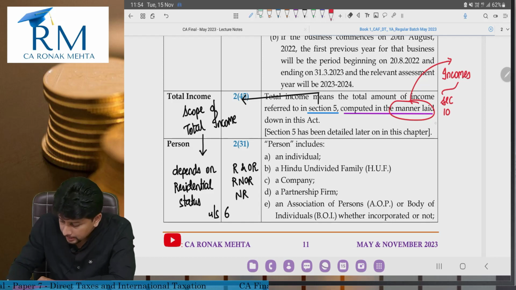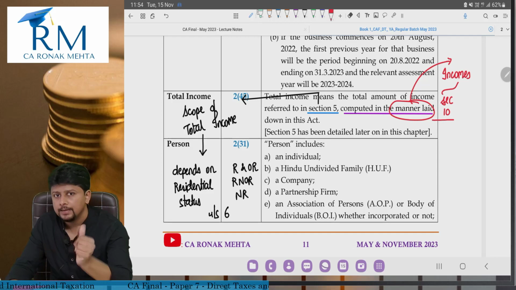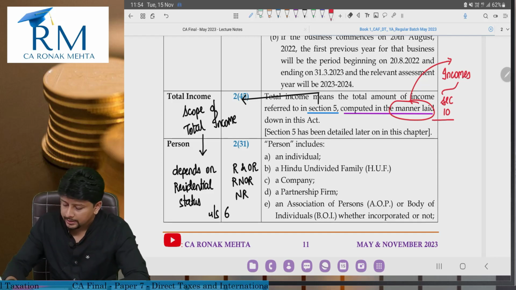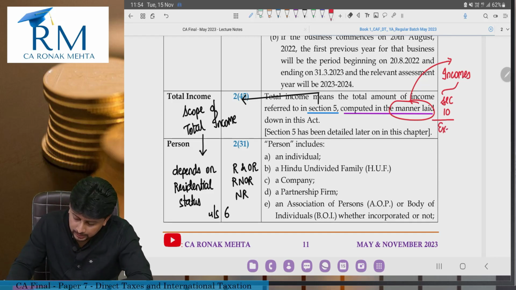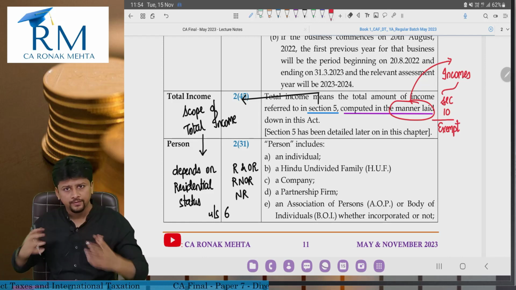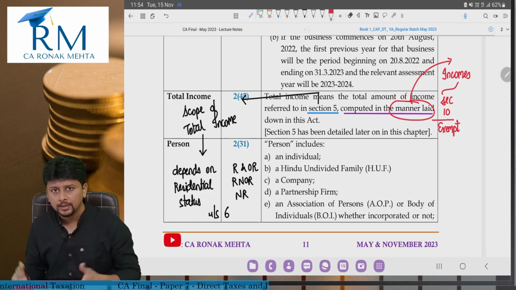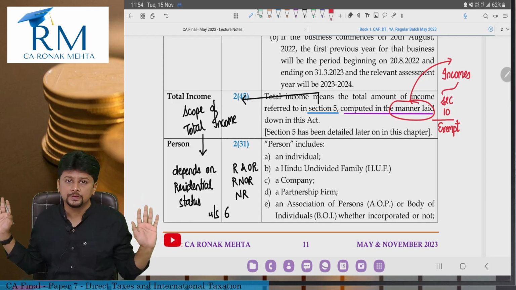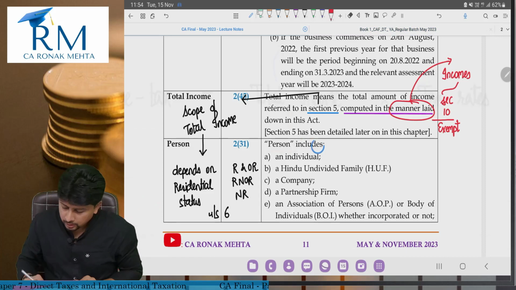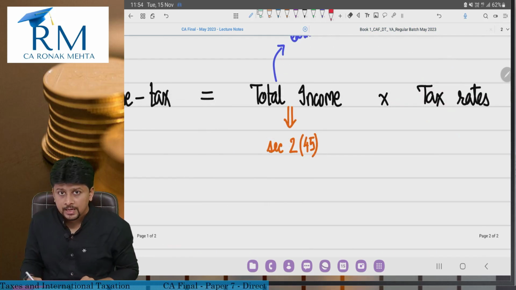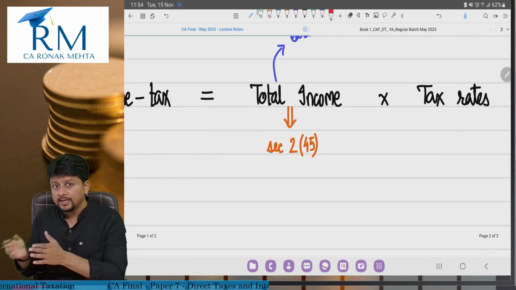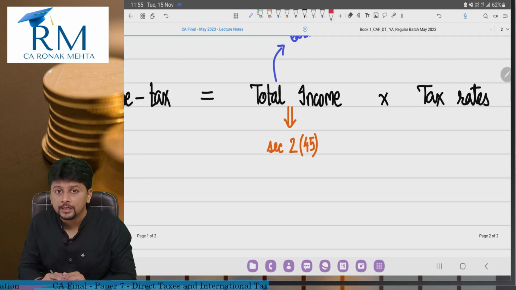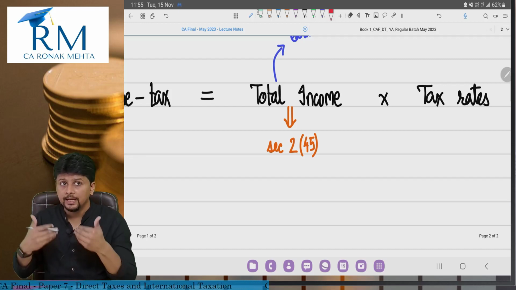Now, I'm sure if you use your CA Inter knowledge, you will immediately tell me this. Because section 10 means incomes which are exempt incomes. So is it income? Definitely yes. Have you earned it? Yes, I have. But it's exempt from tax. So I'm not supposed to pay tax. Logically, if I'm not supposed to pay tax, it means I don't have to apply my tax rates on that exempt income. I don't have to apply my tax rates.